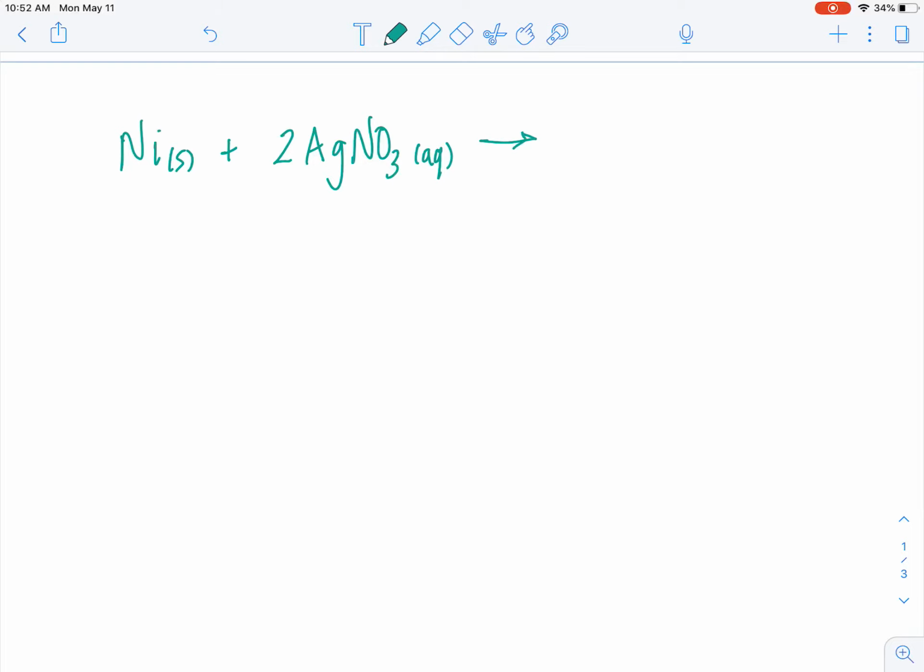While I'm writing this, you should recall that this is a single replacement reaction, or a redox reaction. Like I said, we know the initial amount of nickel is 0.31 grams.